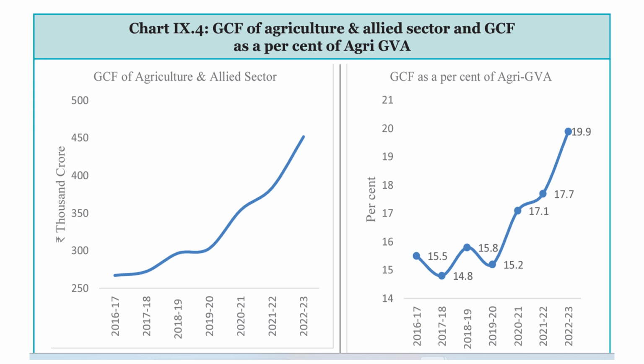Now gross capital formation of agriculture and allied sector. GCF of agriculture and allied sector, you can see exponential growth, or gross capital formation is exponentially increasing from 2016-17 to 22-23.